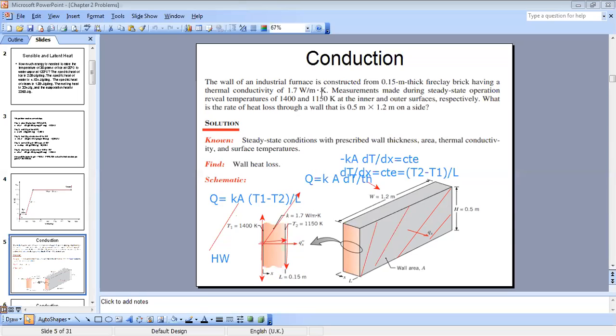But to be on the safe side, always use Kelvin. Because we will see that in radiation, for example, you cannot use degrees instead of Kelvin, because you don't have a difference in temperature. You have T to the power 4. It's not like here, T1 minus T2. So when you have radiation, you should use Kelvin instead of degrees.